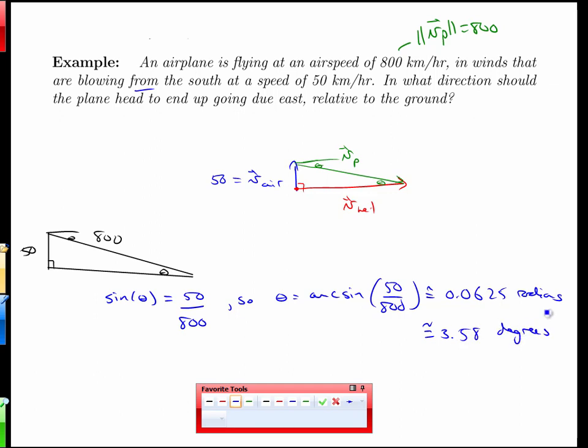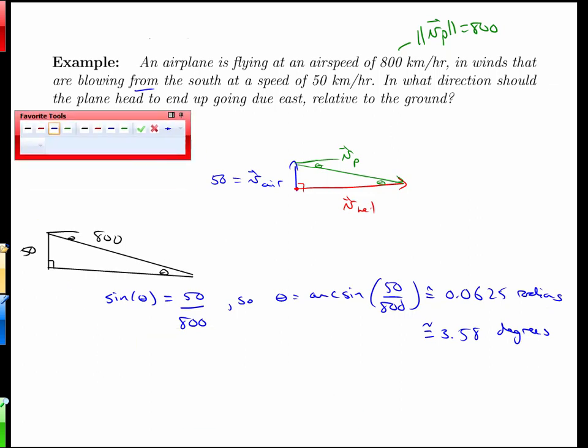What that tells us is that if we want to achieve this net eastward velocity, by the time we factor in the air pushing us north and our plane moving a bit south but mostly east, we need to aim the plane at 3.58 degrees south of east.